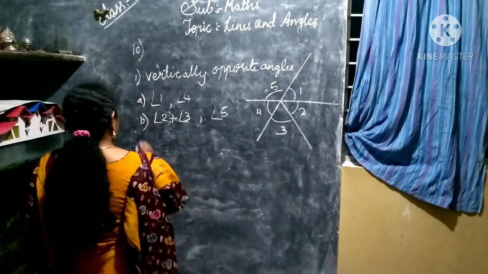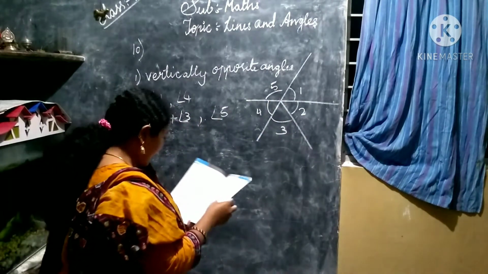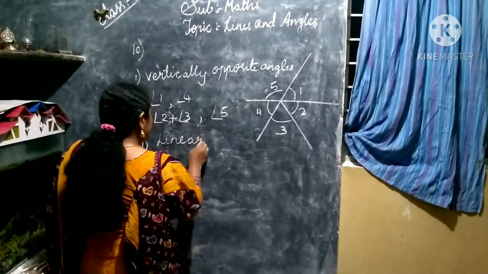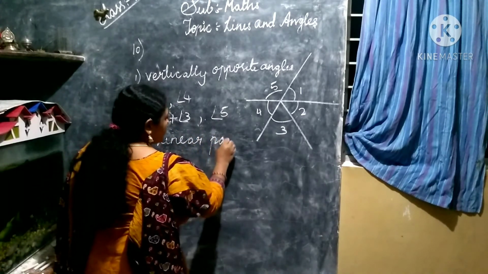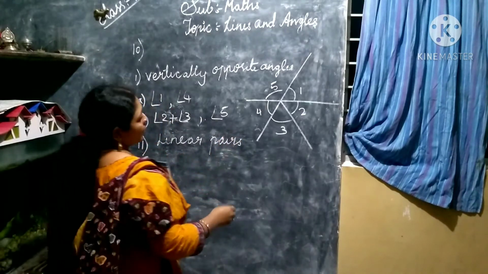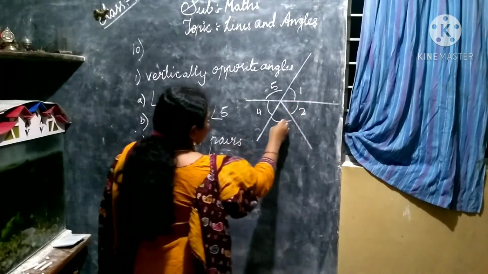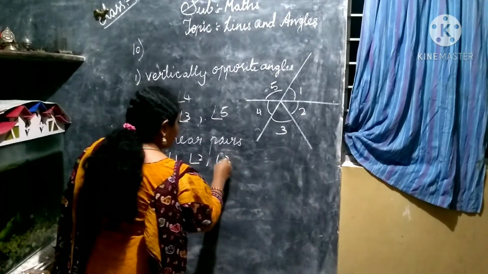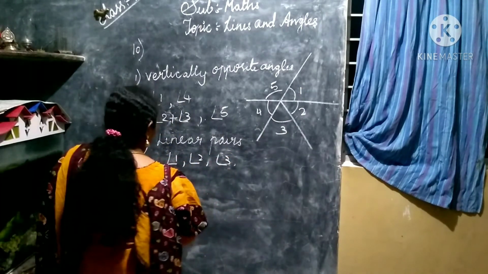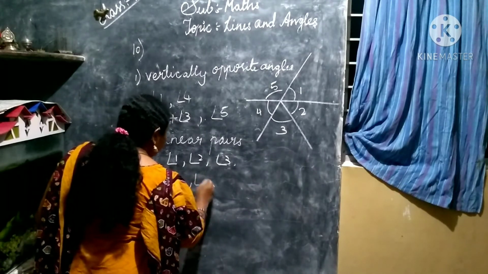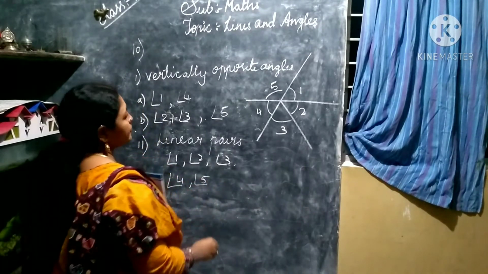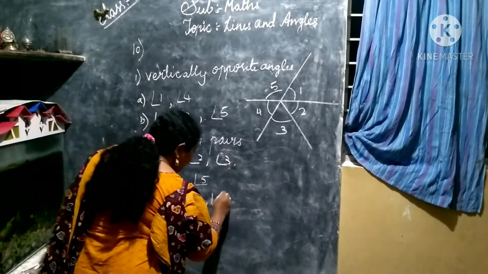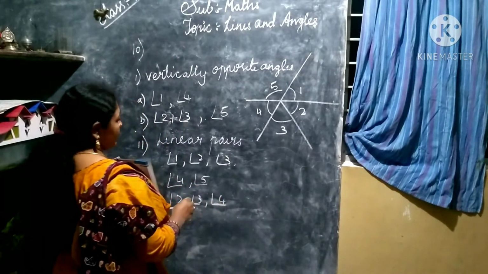Okay? Look at the second one. Linear pair. So how many linear pairs can you find? Here we have 1, 2, 3. Angle 1, angle 2 and angle 3 are in a linear pair. Angle 4 and angle 5 can be in a linear pair. Angle 2, angle 3 and angle 4 is one of the linear pairs.